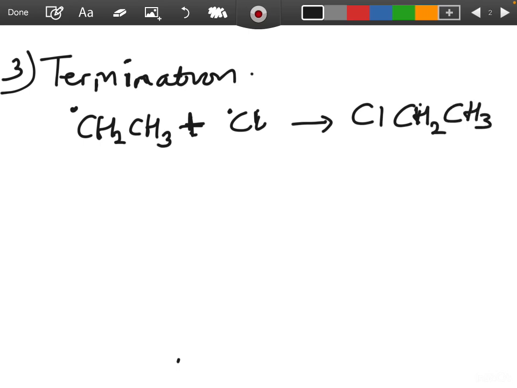Watch where the chlorine is attached to. The chlorine is attached to this carbon that has an unpaired electron. So the chlorine will not bond to this carbon here, no, it will bond to this carbon, this one here.